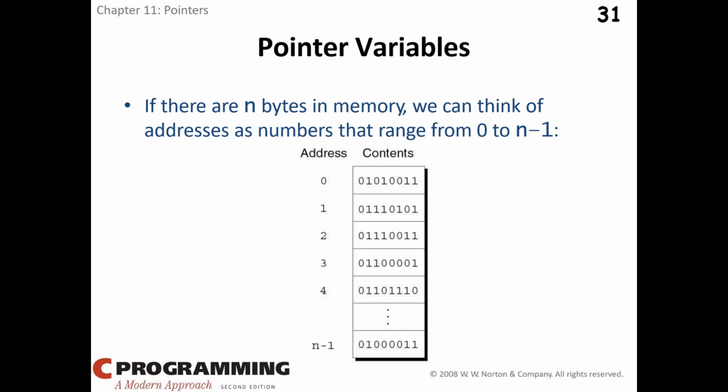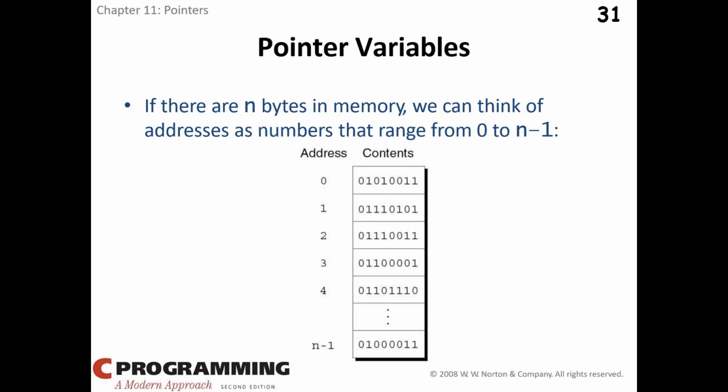And if there are n bytes in memory, the addresses are numbered in the range from 0 to n-1. So this means that the first byte in memory is address 0, the second byte is 1, and so on up to n-1, which is the last byte in memory.